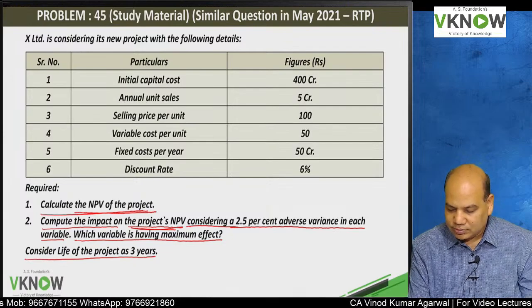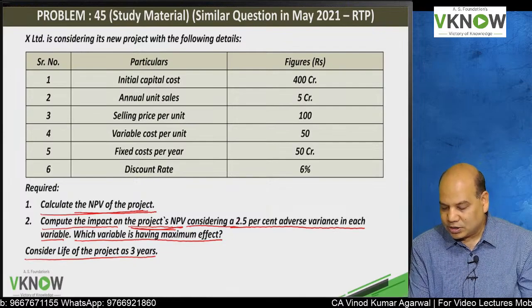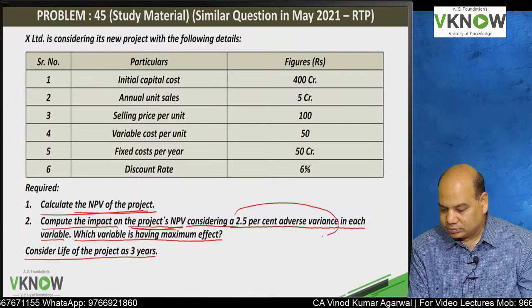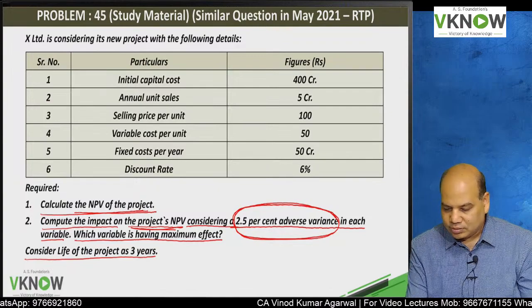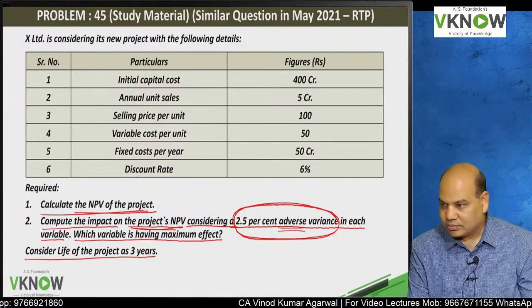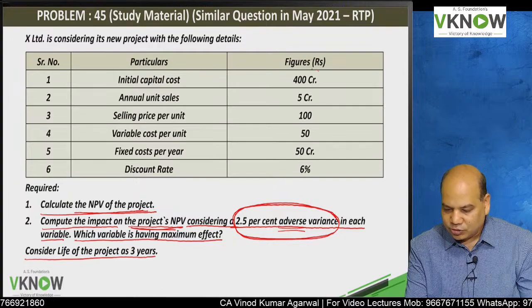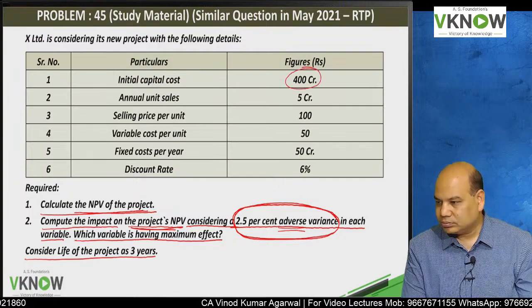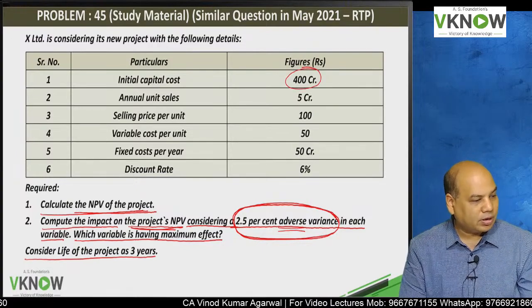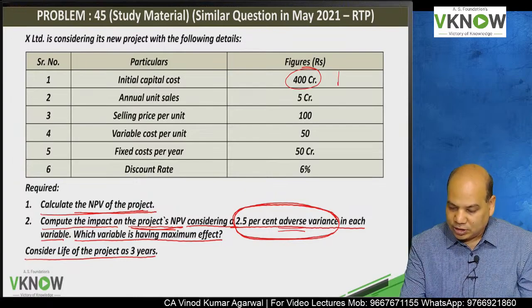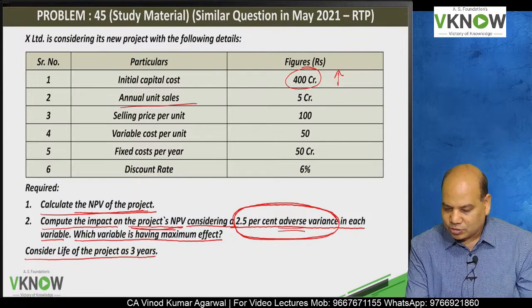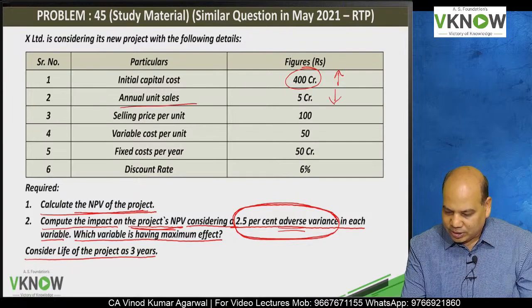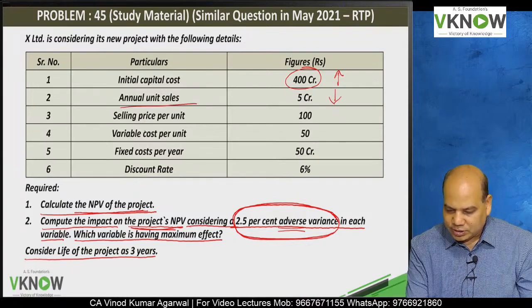It means that this time sensitivity will be done by changing the variable by 2.5% adversely. Adversely means in case of capital cost, it will increase by 2.5%. In case of sales quantity, it may decrease by 2.5%.